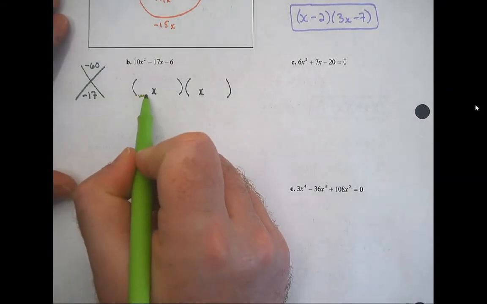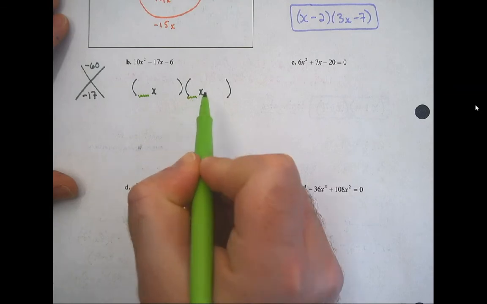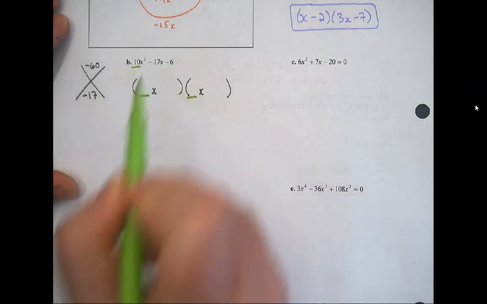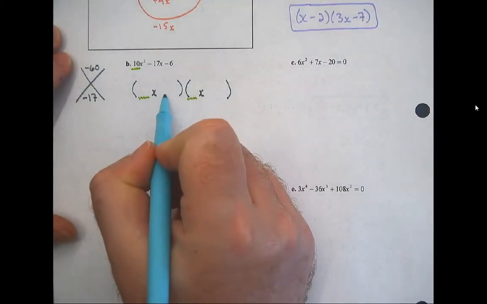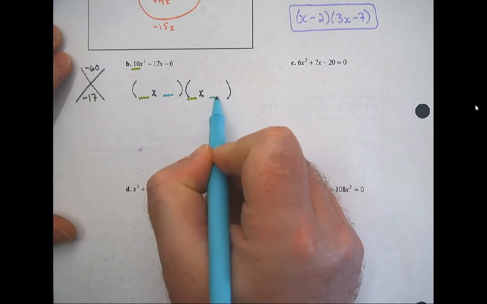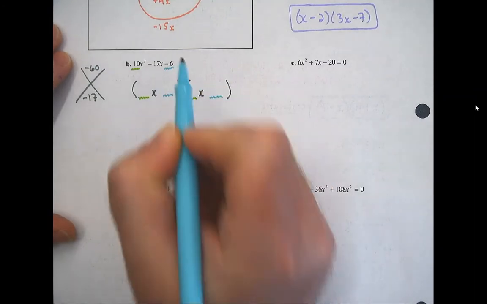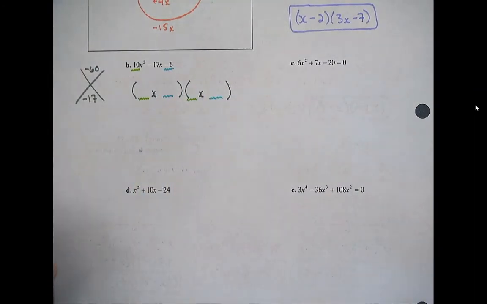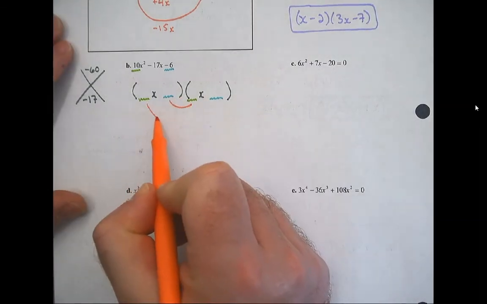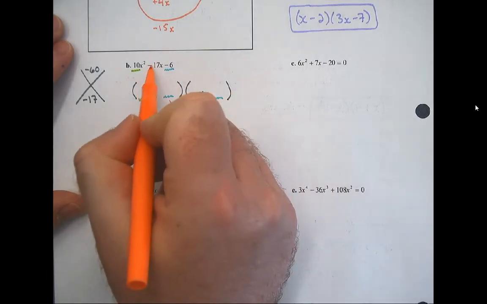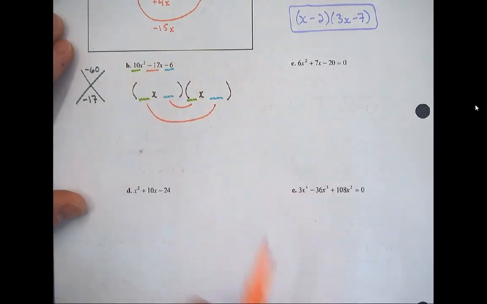I like to correspond that position 1 and position 3 make the first term. Position 2 and position 4 make the last term. And then the combination of these loops makes the middle term.